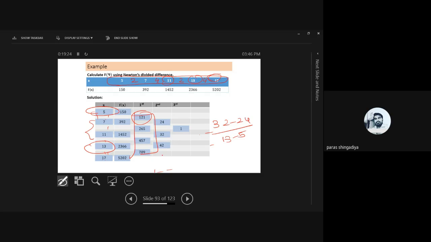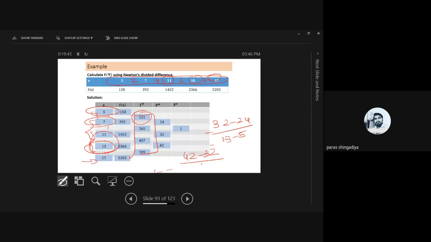And after that, 42 minus 32. What will be the denominator there? 17 minus 7. After the 5, 7 is there. Now skip 2 values, 11 and 13, and then the next value is 17.